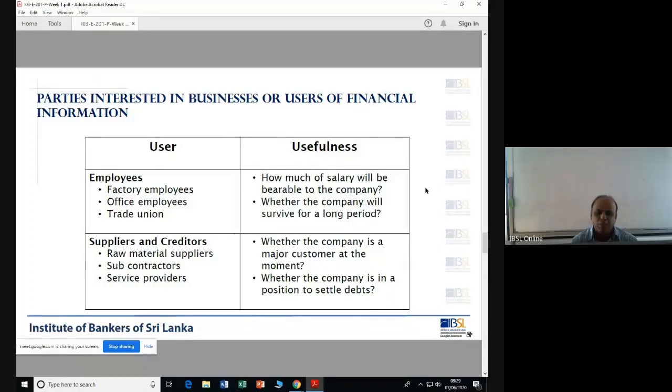So this supplier would now think whether I should continue to provide stationery to this bank, or should I stop at this point in time and recover whatever I have already supplied. So this is the level of financial information that the suppliers and the creditors will look for from a company's financial information.